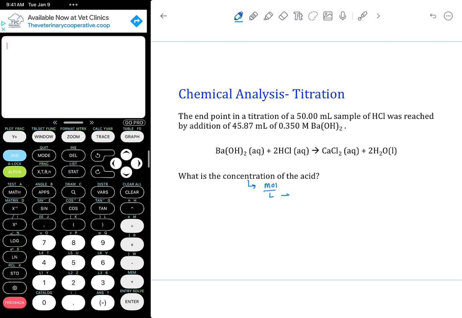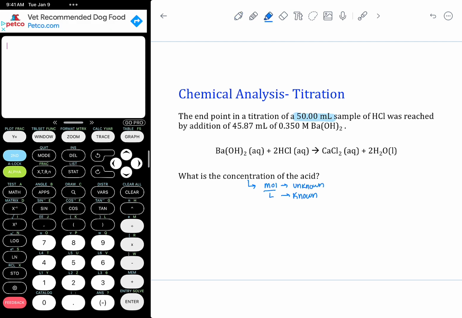Well, liters is already known, and we know from our chapter about concentration, if we know moles and we know volume, we can find the concentration. So our volume is already known for this acid. It's given right here, it's 50 milliliters. What we don't know is the mole value, so the moles is what's actually unknown.